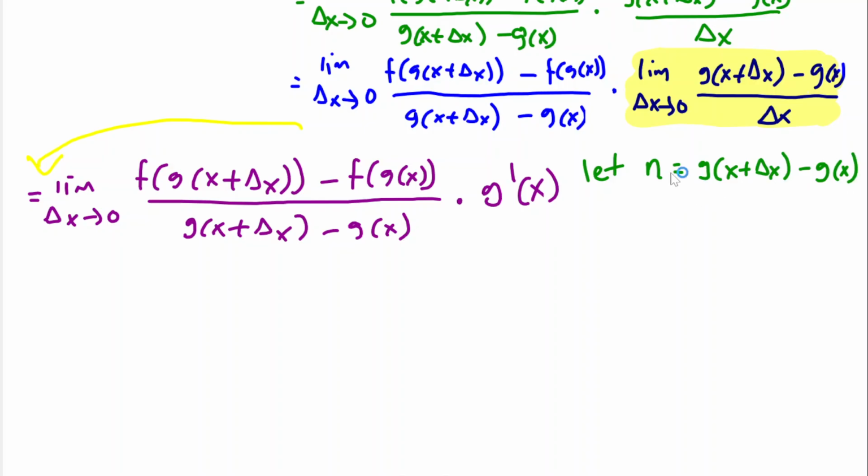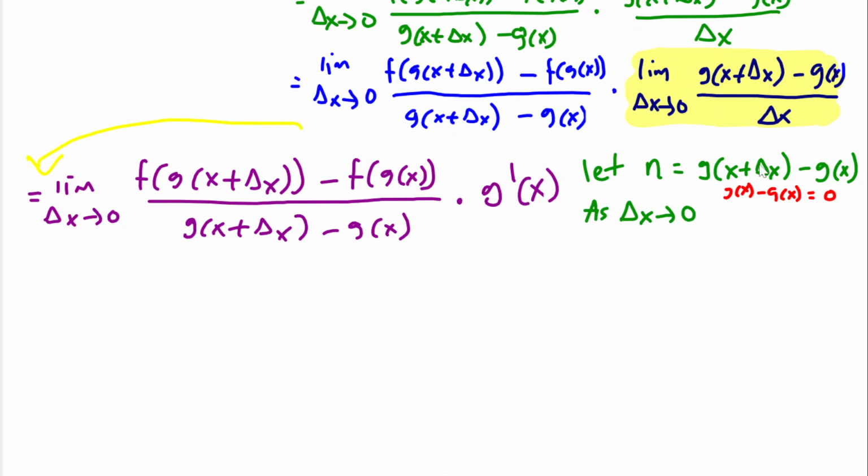Hopefully you realize that as delta x approaches 0, pretend for a minute that we plug in 0 for delta x, a direct substitution. We get g of x minus g of x, which is 0.